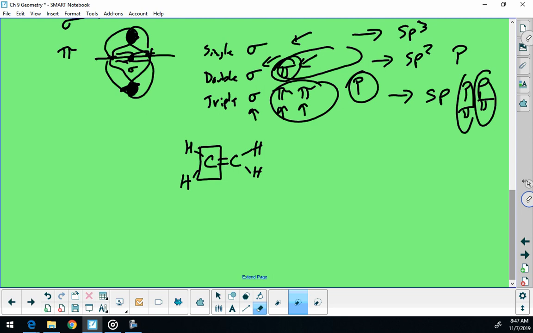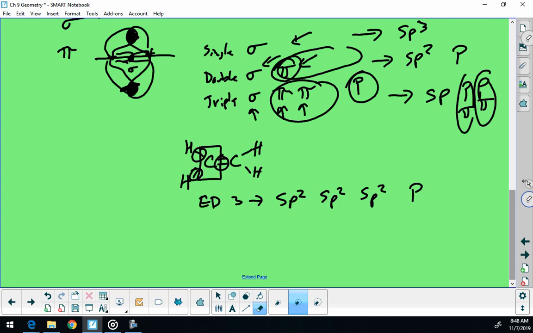I've got 1, 2, 3 electron domains. So if it's 3 electron domains, I'm going to go with what? sp2 hybridization, and that would mean I would have 3 sp2s, and I would end up with one unhybridized p.